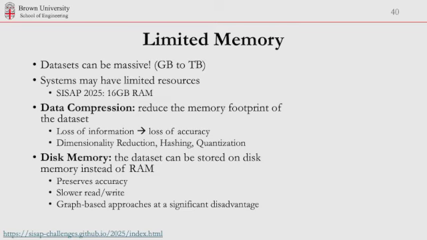Data compression implies lower accuracy because you're losing information. So with disk memory, you can preserve your accuracy, but you have slower reads and writes. Something like graph-based indexes, which require random access of memory, can fail or are a lot worse with disk memory.